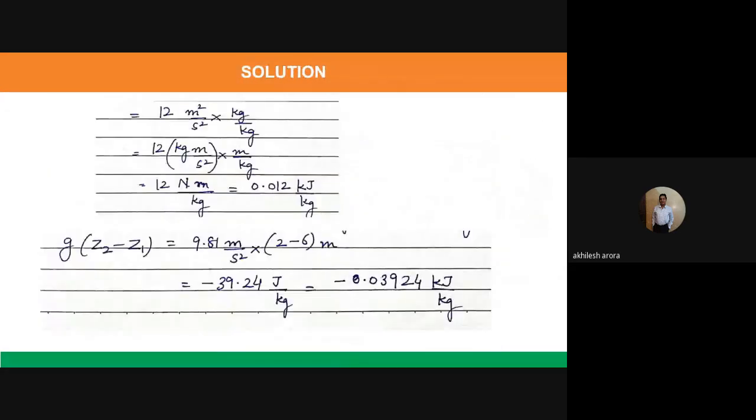So the basic equation for throttling is H1 plus V1 square by 2 is equal to H2 plus V2 square by 2. For liquids, as I told you, this velocity is the same, so for liquids H1 is equal to H2.